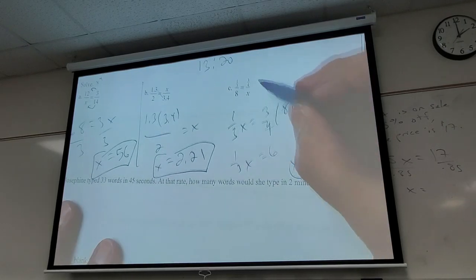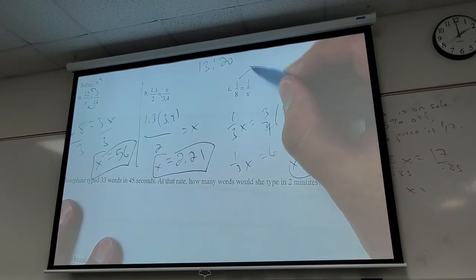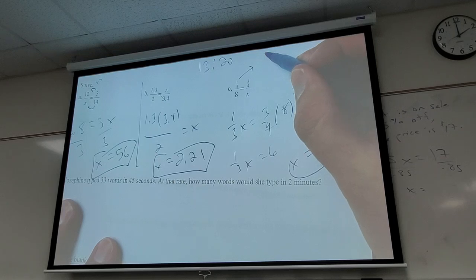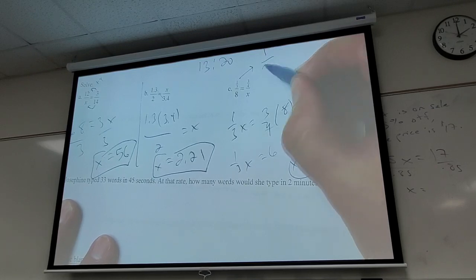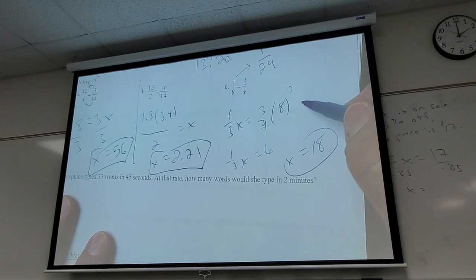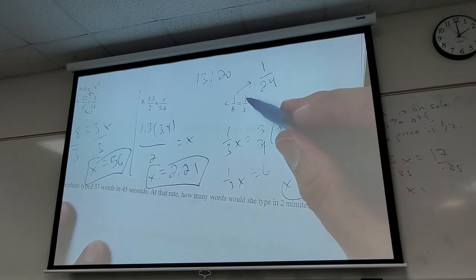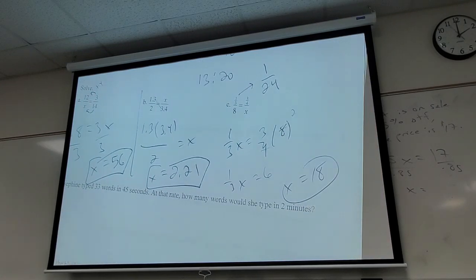I want to point out, does anyone know what 1/3 divided by 8 is? 2.6. No, not decimal. I want to know exactly. 1/24. Does anyone see that? 1 divided by 3, and then I divide it by 8. So it's like cutting it in thirds and then cutting it in eighths.